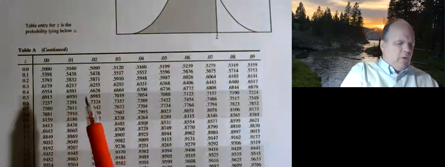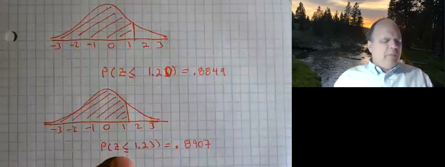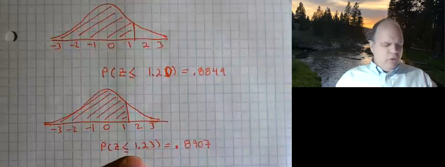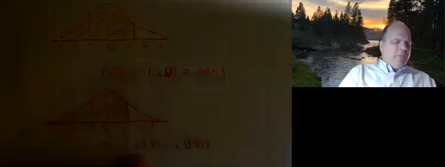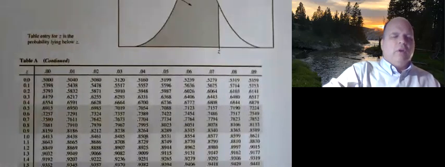Well, that didn't help me out a whole lot. But hopefully the next one will, because this has a probability of z being less than 1.23. So I want the probability of z being less than 1.23.